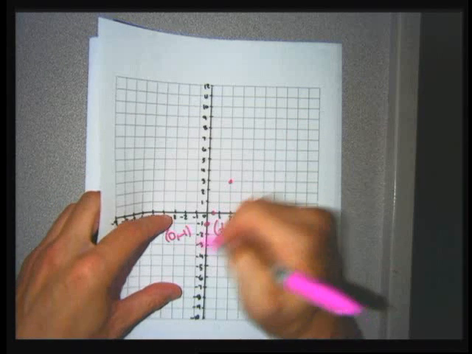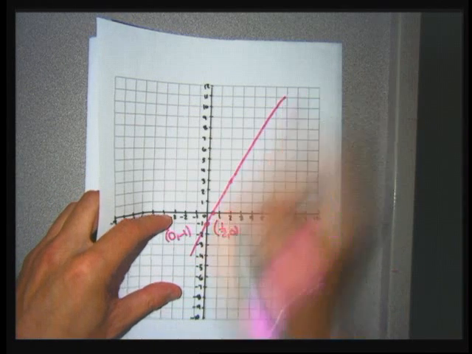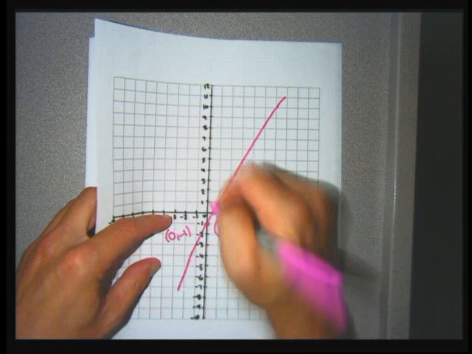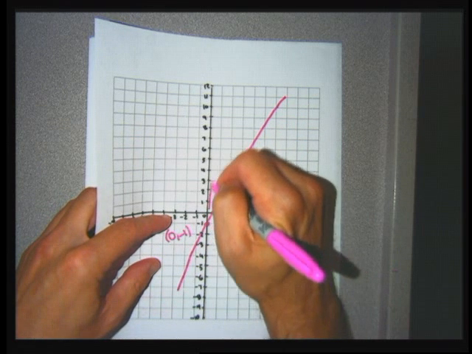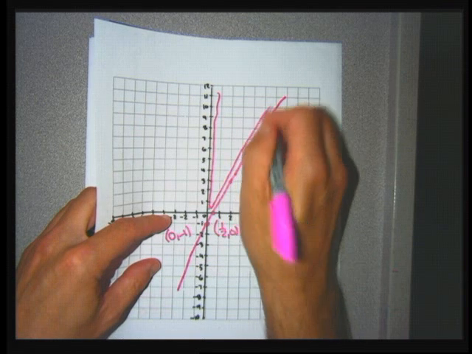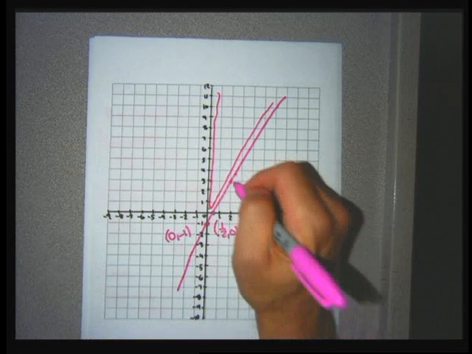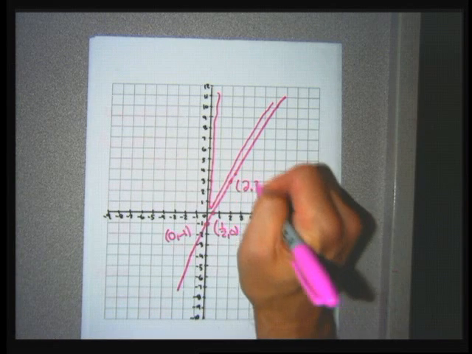Solid line for this one, dash for the next one. And because 0, 0 is true, I want my shading to be towards 0, 0. So this shading would just be that region, basically. And I should label that point 2, 3 better.